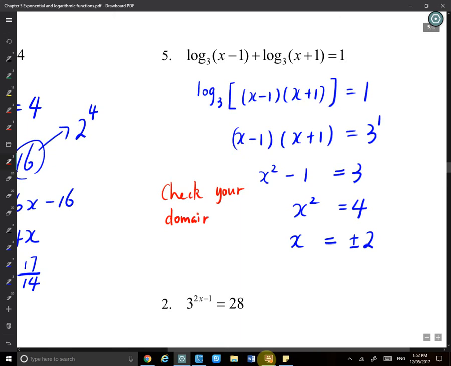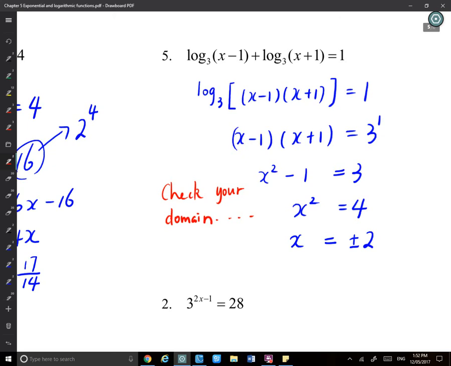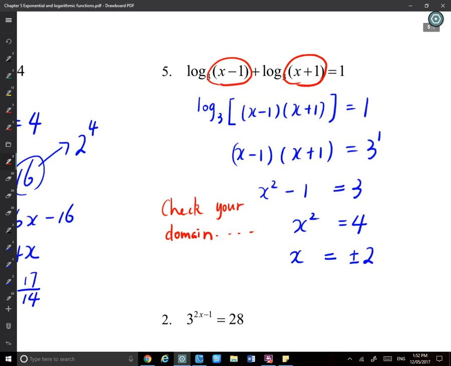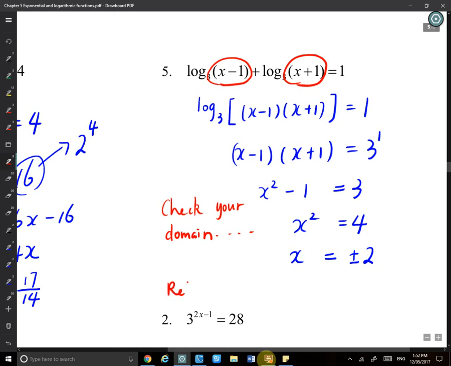For logarithm questions, solving logarithm equations, you need to check your domain. Because when you sub your answers back into this, that needs to be greater than 0. If that's smaller than 0, you don't have that answer. So you will reject x equals minus 2.